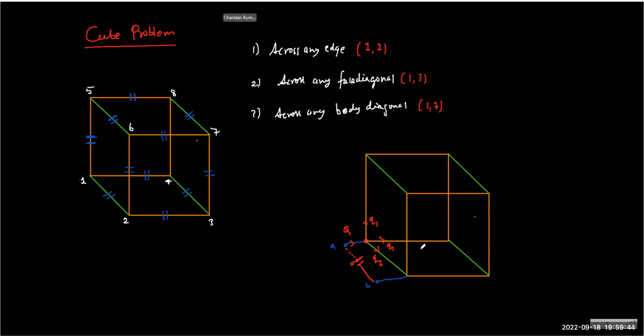So where I should have put the mirror? Can you guess? Like vertically, the mirror should pass through the midpoints of 5, 6, 7, 8, and 6. Correct, very good.